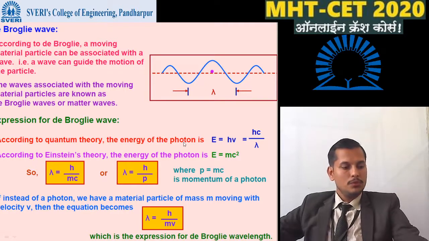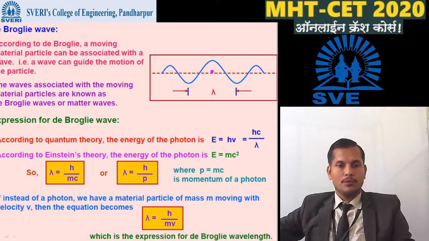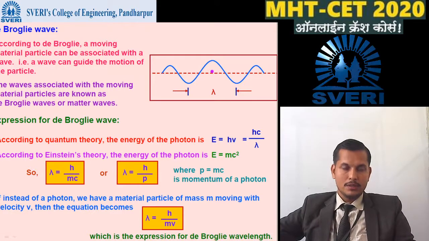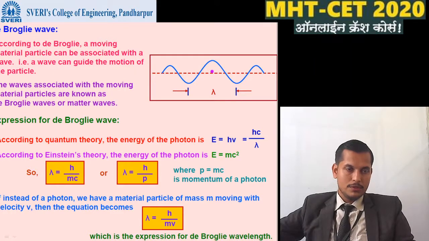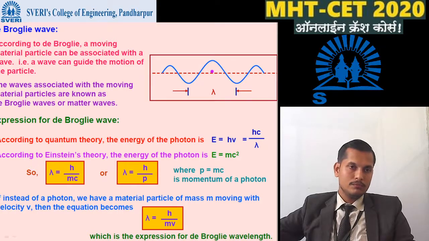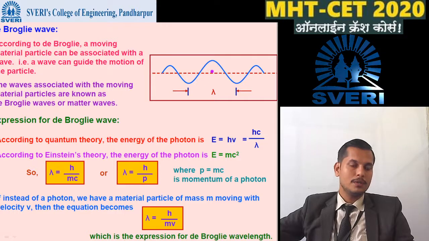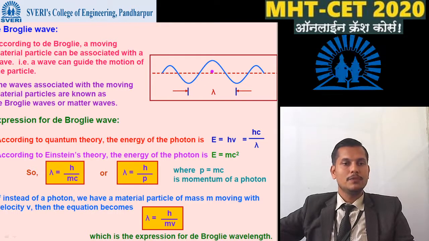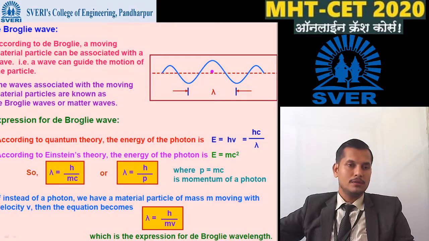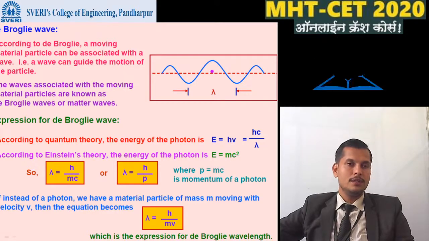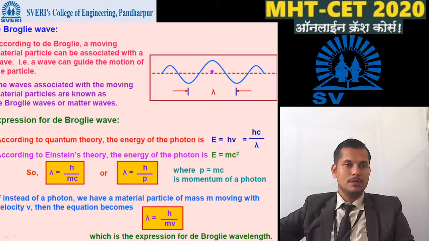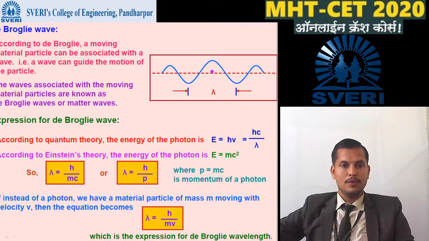So up to this point we have discussed the basic terms, that is what is meant by photon, then the photoelectric effect, its equation, its properties, its dependence on different entities, that is frequency, intensity, potential, and what is meant by threshold frequency.